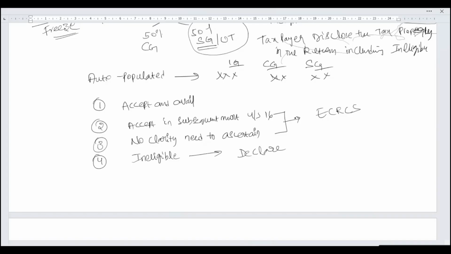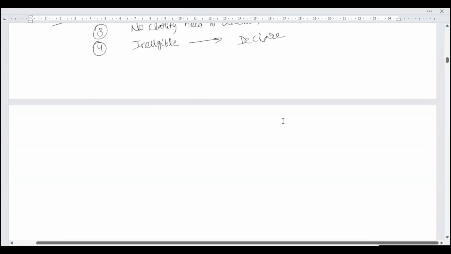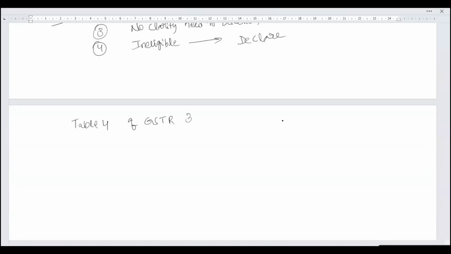Now, doing so, what is happening? The government said that your manual alteration is avoided. So this is where your GSTR-3B, when you look at table 4 of GSTR-3B, 4A has got 1, 2, 3, 4, 5.